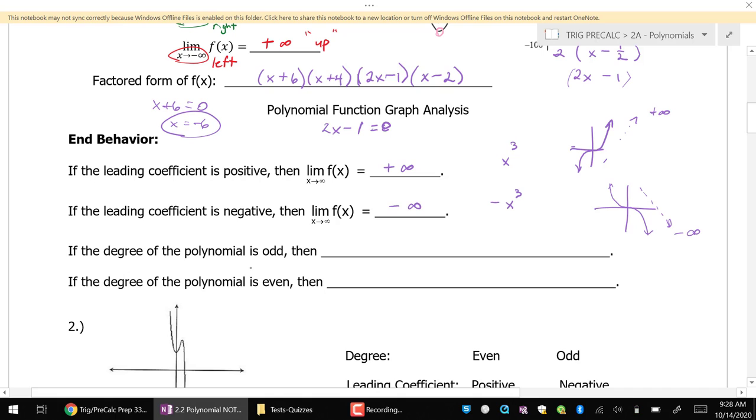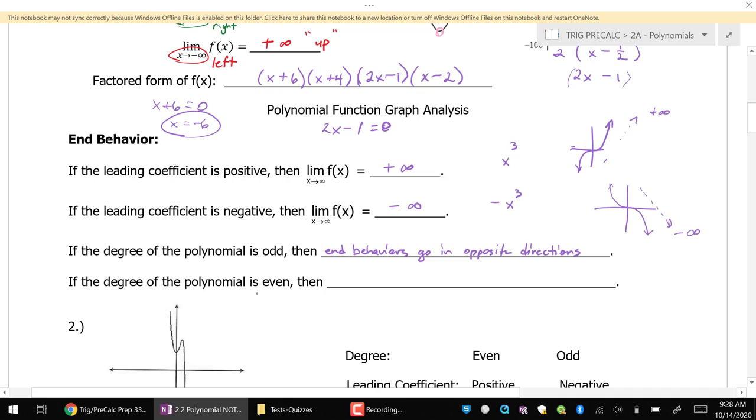If the degree of the polynomial is odd, like a cubic, then the end behaviors go in opposite directions. So we have sort of this down-up or up-down feature.